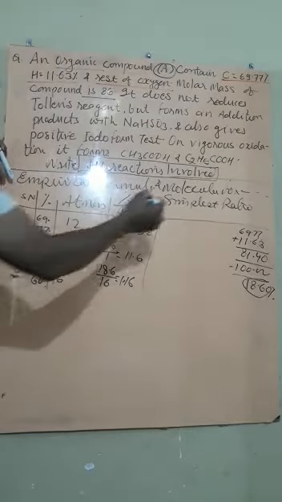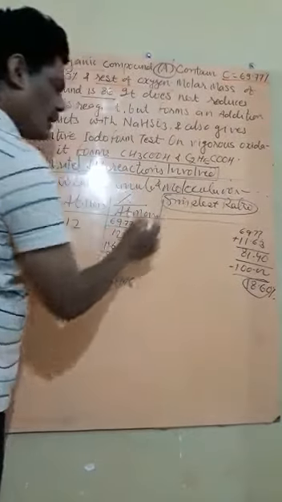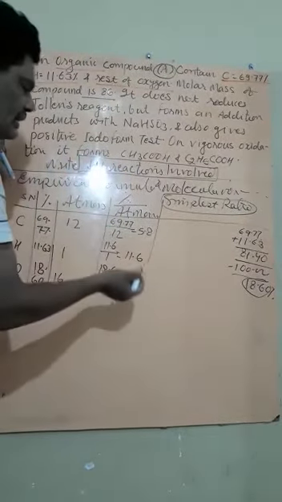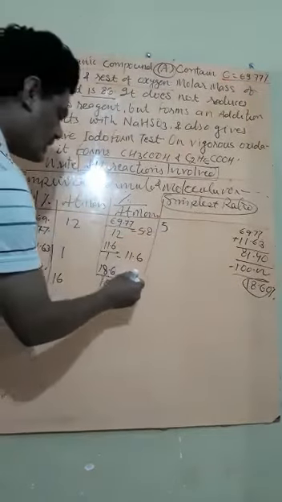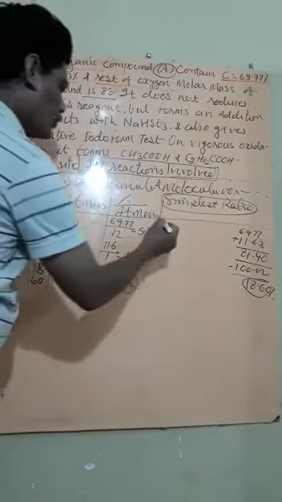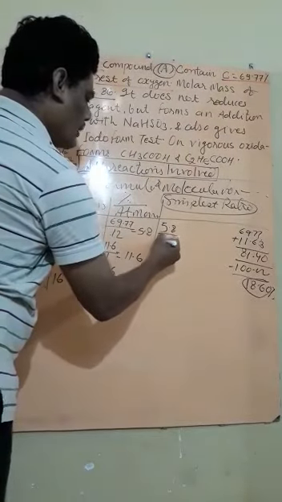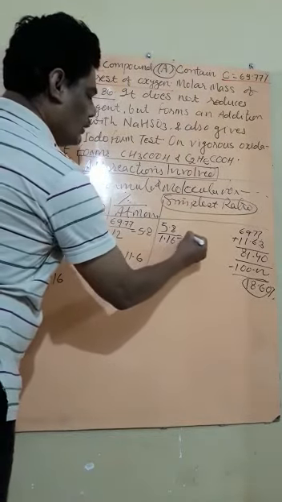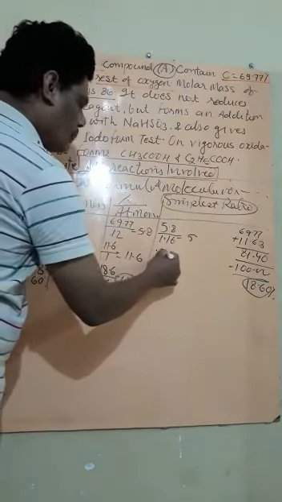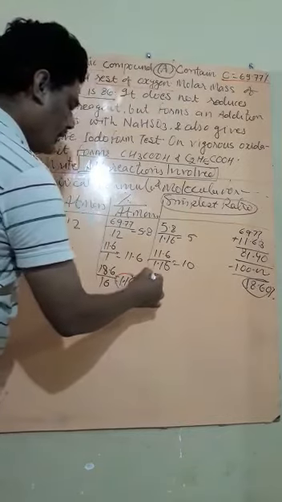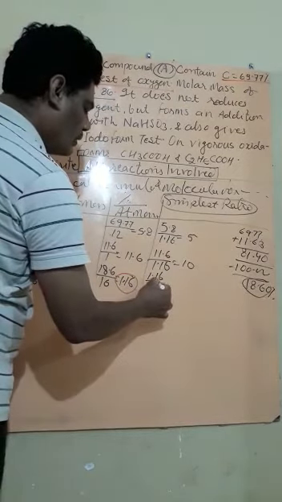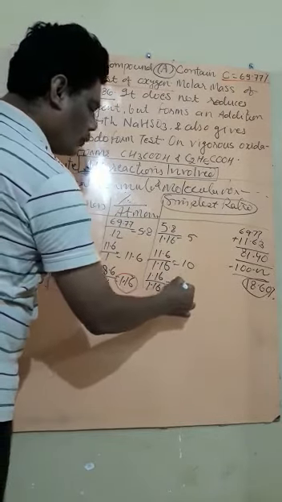Now to get the simplest ratio, we divide each number by the least number, which is 1.16. So 5.8 divided by 1.16 is equal to 5, 11.6 divided by 1.16 is equal to 10, and 1.16 divided by 1.16 is equal to 1.